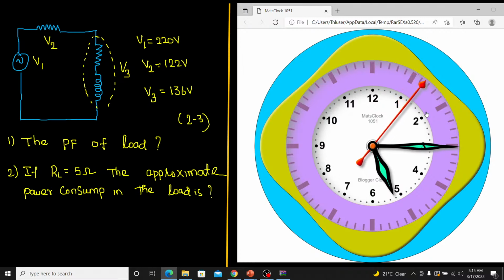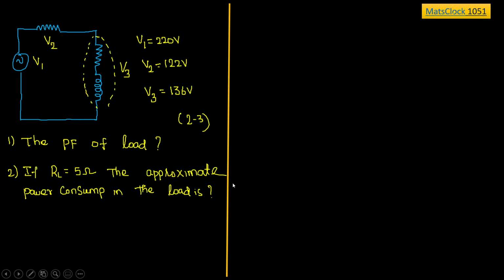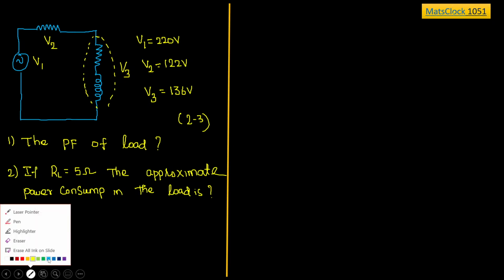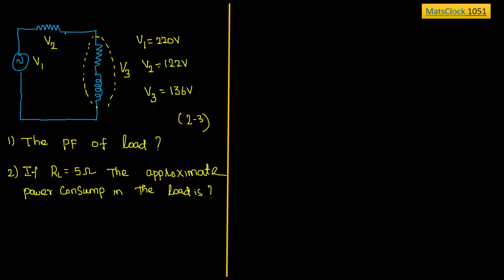See, first, let me give you some basic clue in this question. What is the question, first of all? The given question is, they had given the voltage drop across the supply, the voltage drop across the resistor, and the voltage drop across the coil.